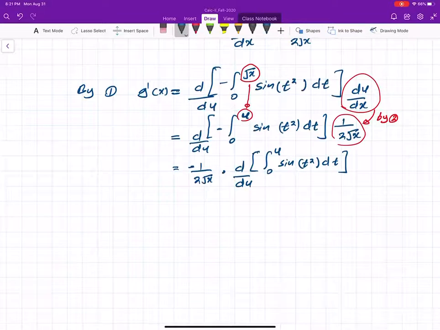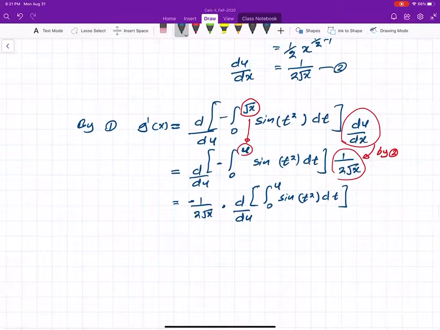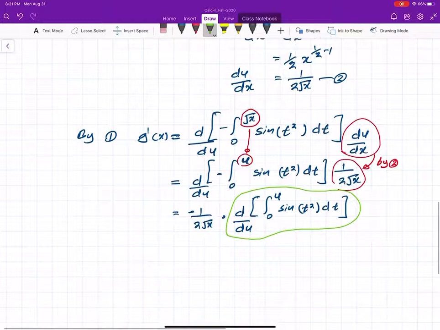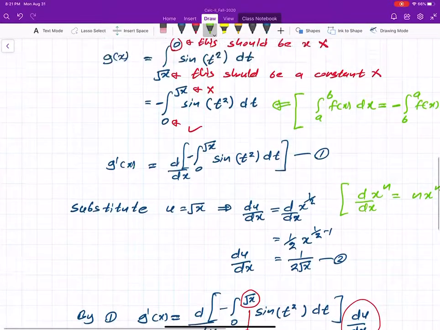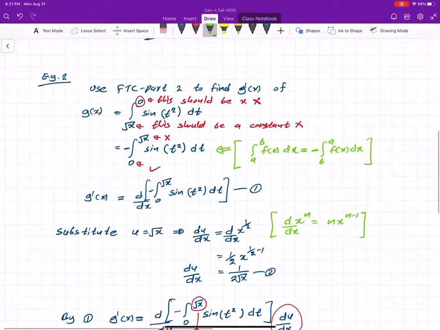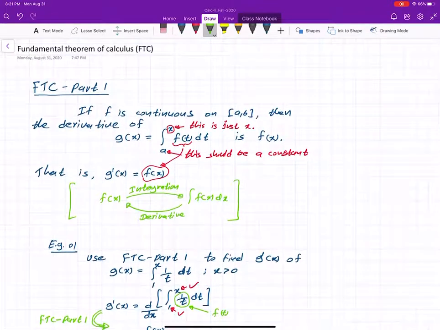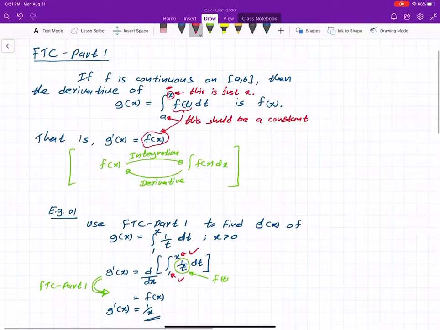All right. Now just concentrate on this part. Here the variable is u. Don't worry about that. In the original fundamental theorem of calculus, the variable here is x. Now our new variable is u.